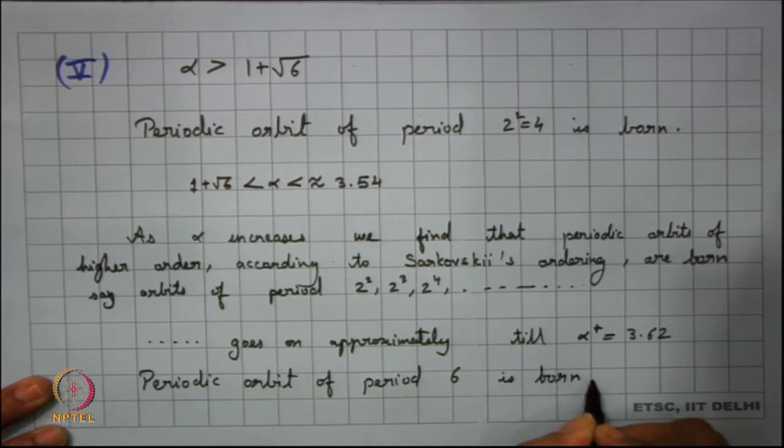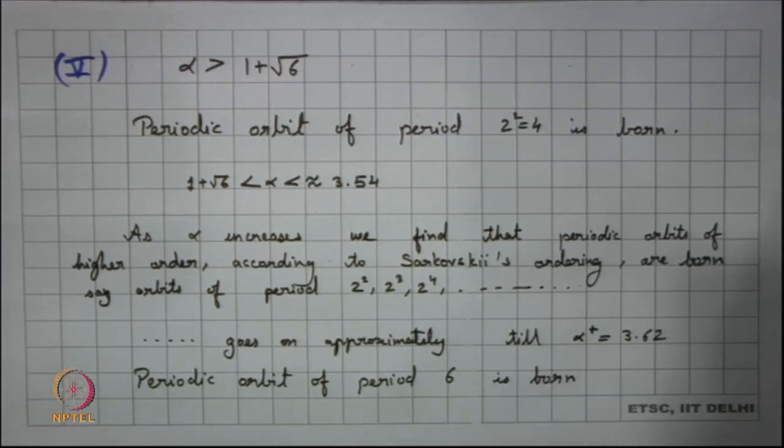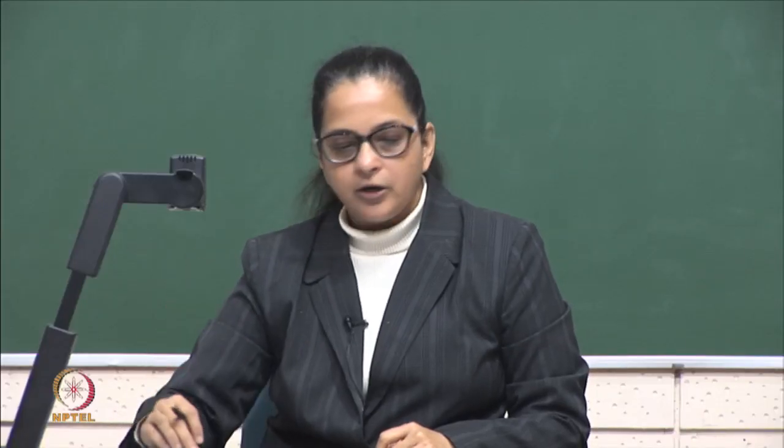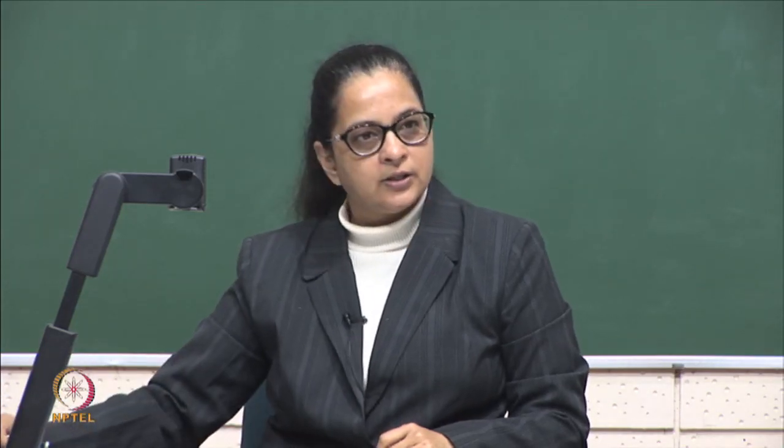So, we find again a periodic orbit of period 6. Now, 6 is, as we know, an even number and this is the greatest even number in Sarkovskii's ordering.